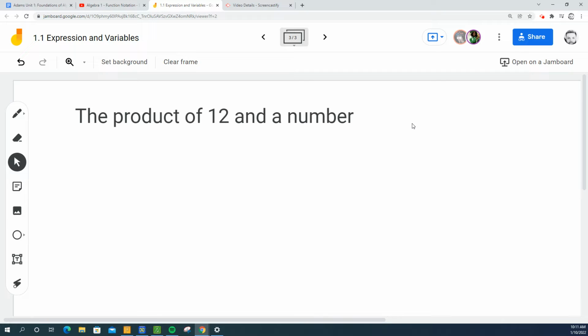So write down on your notes the product of 12 and a number.